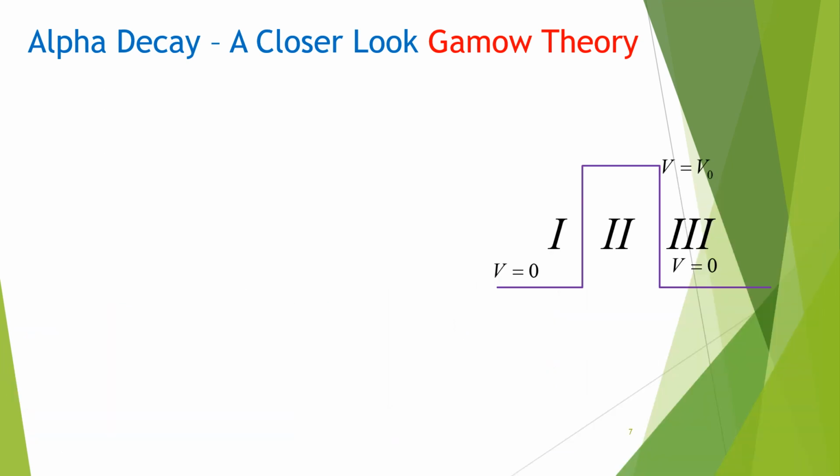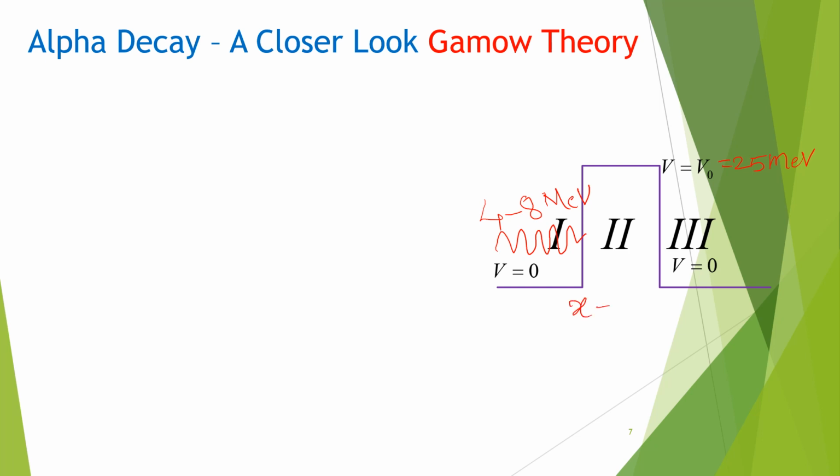Now we are going to apply quantum theory to this issue. We have a potential barrier of about 25 mega electron volts, and an alpha particle with energy 4 to 8 mega electron volts is trying to overcome this barrier, which is classically not possible. The dimension of the potential well is single dimension.